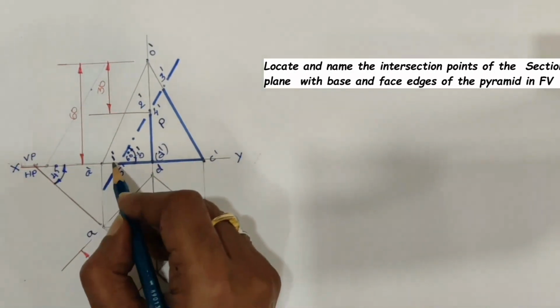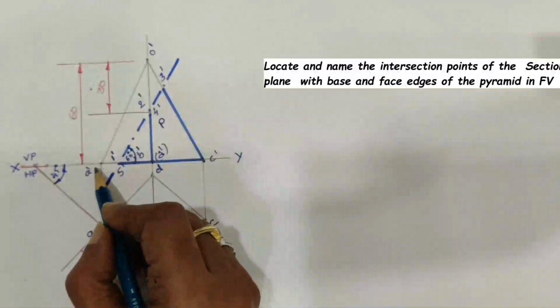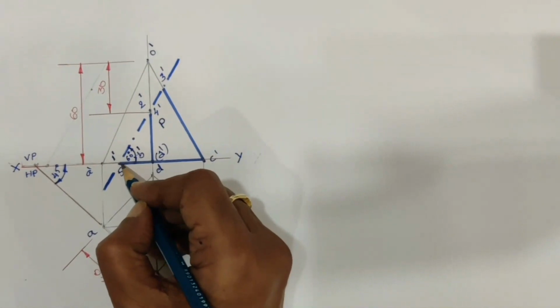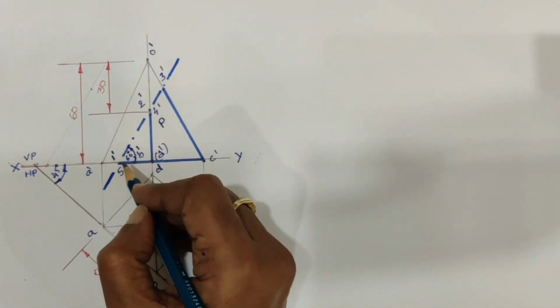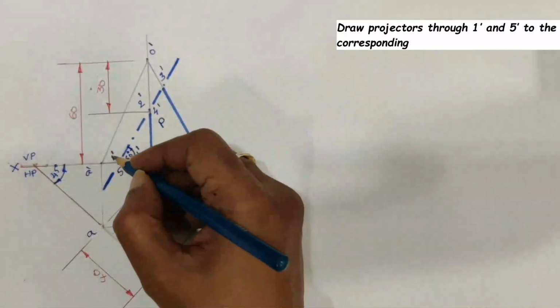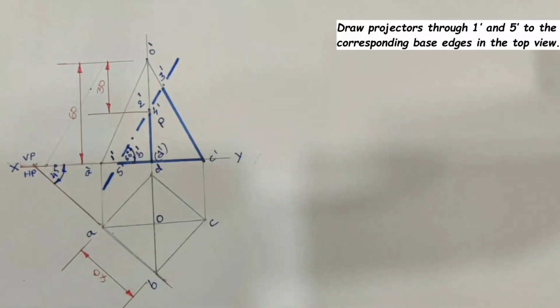As I said earlier, 1 dash is the intersection point of the section plane with the A dash B dash base edge, and 5 dash is the intersection point of the A dash D dash base edge with the section plane. So the 1 dash as well as 5 dash images are to be transferred onto the top view of the square pyramid.